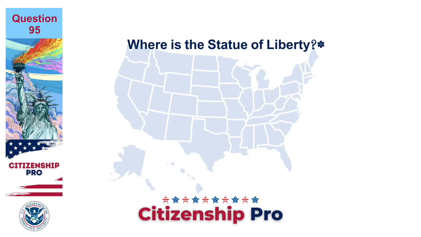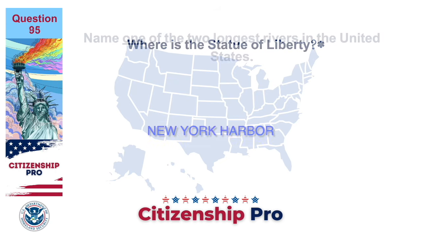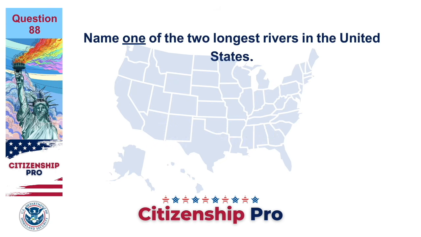Where is the Statue of Liberty? New York Harbor. Name one of the 2 longest rivers in the United States. Missouri River.